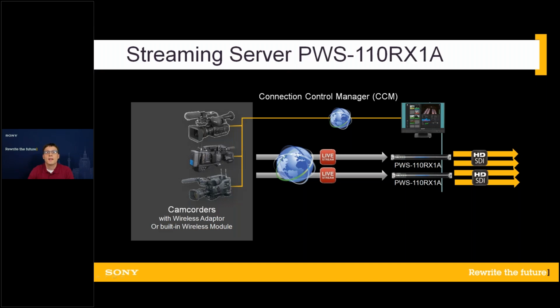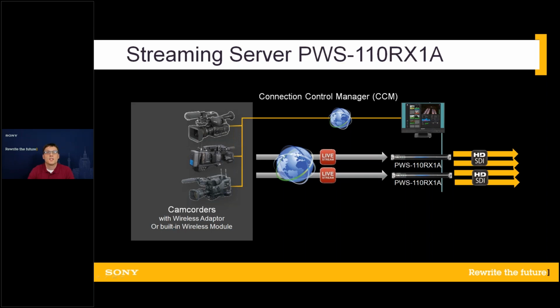So we have a very simple box. It is a PWS server. It's about 8K euro, so you can Google it. And with this simple server, with this simple solution, you will have the 2-stream HD SDI outputs. It's a quality and very state-of-the-art streaming protocol.